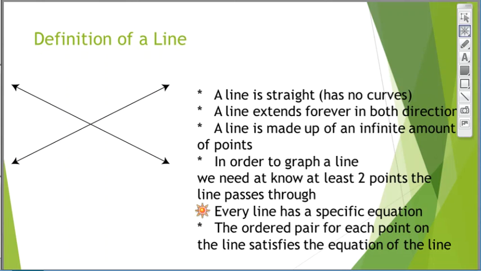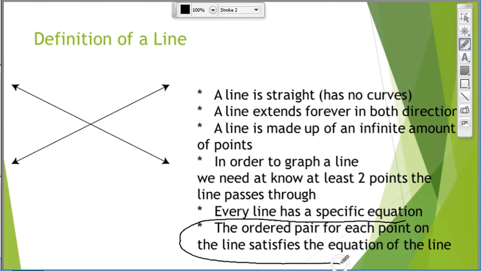Every line has a specific equation, and the ordered pair for each point on the line satisfies the equation of the line. Okay, and we are going to talk about this one right here today. The ordered pair for each point on the line satisfies the equation of the line.